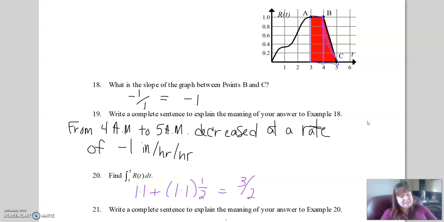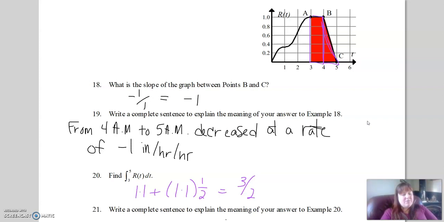Write a complete sentence to explain the meaning of our answer. Well, basically, what this means is that this is an accumulation. Remember, the signed area underneath a curve is accumulation. So how much rainfall actually fell between 3 and 5 a.m.? Well, we would find the area under the curve of the rate function.